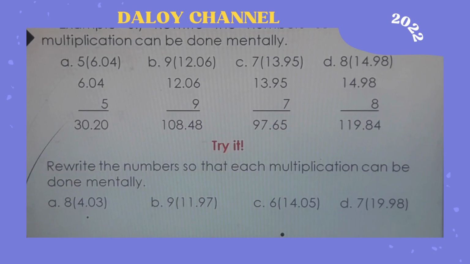For the second example, 9 times 12.6. So 9 times 6 is 54, this is 0, so we can put down 48. And 12 times 9 is 108. So 108.48. For letter C, it's 35.